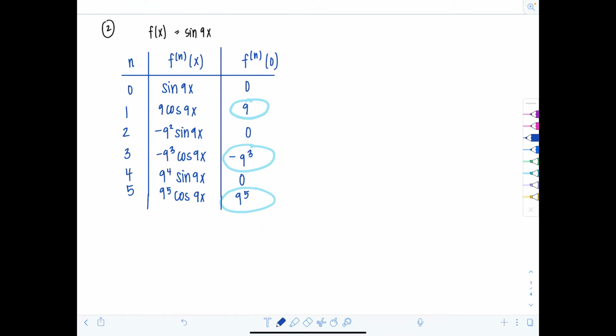Oh no, don't worry. Okay. So sine of 9x, I'm not even going to mess with the 0. If you want to write it down, that's fine, but it's gone. Plus, now I have 9 over, remember, I'm going to have n factorial, so that's 1 factorial, and then x to the n, so x to the first. So here's the blue portion from the table.